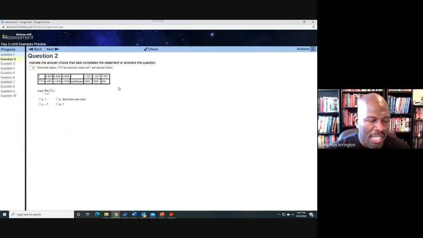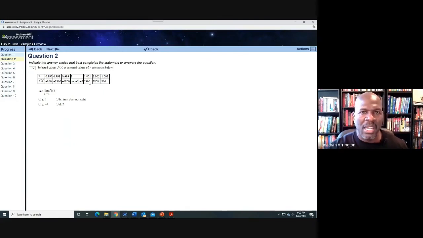So when you see this action as x gets close to c from the left or the right, and you see the numbers getting increasingly bigger, we say that it increases without bound, and it's going to infinity. So from the right here, it's actually going to infinity. So right there, that tells you the limit doesn't exist because it's not going to a finite number.